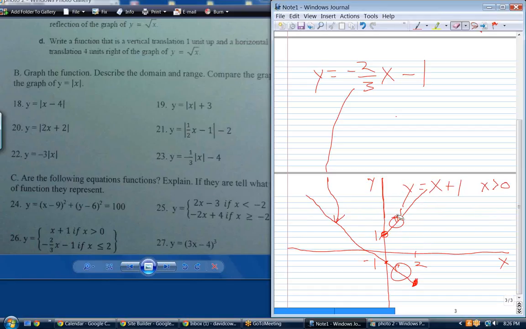It only has to fail at one point for it not to be a function. In other words, even if I made this like this, and I put closed dots at both of these, that fails the vertical line test. It only fails it in one spot, and that's where the y-axis is. But it does fail it in that spot.